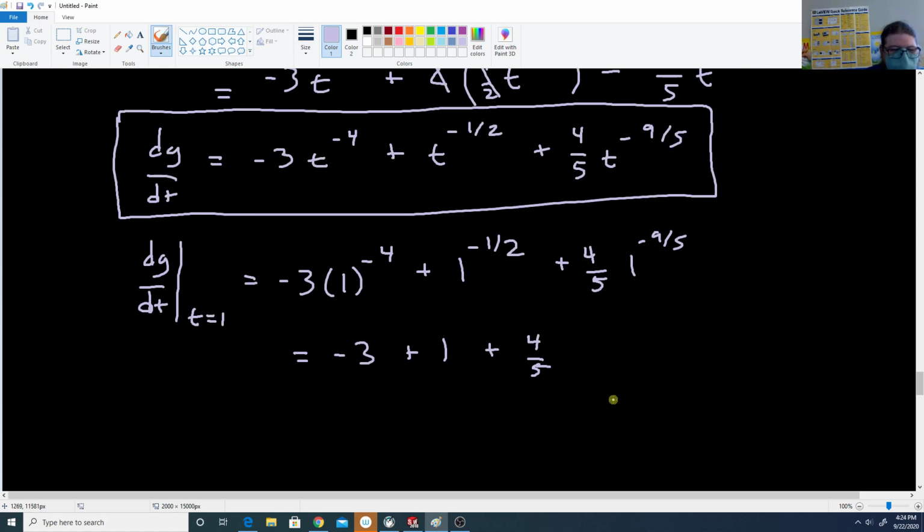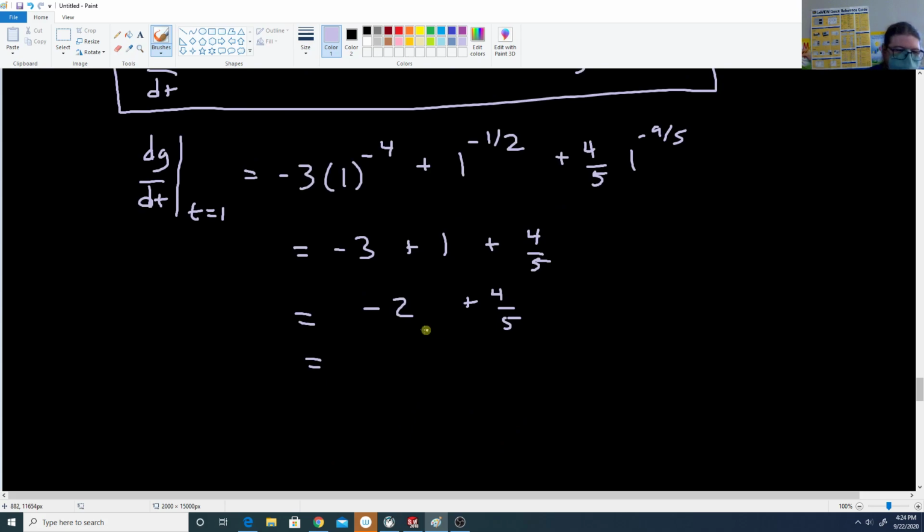Okay, let's add these together first. Negative 3 plus 1 is negative 2, plus 4/5. Negative 2 in terms of fifths is negative 10/5. 10 divided by 5 is 2, plus 4/5, and then that will be negative 6/5.